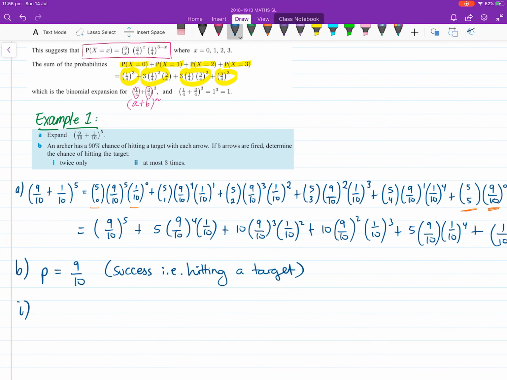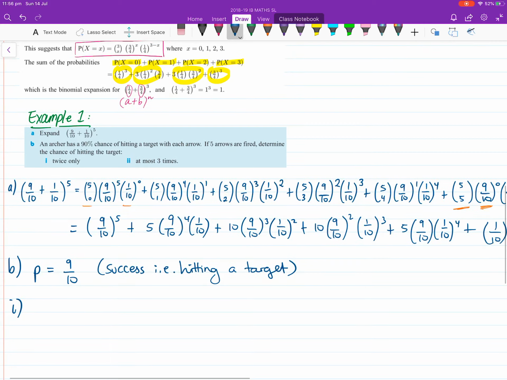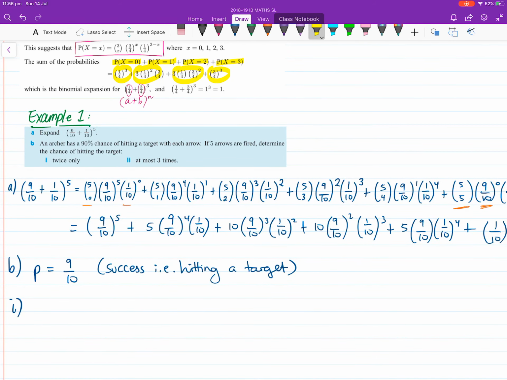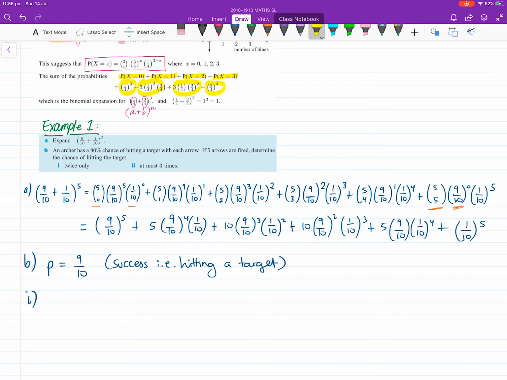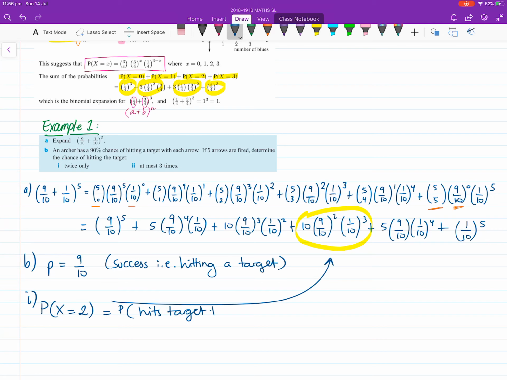So if we're looking at part 1, which asks if we hit the target only twice, that means we need 9/10 to the power of 2. So where is that in our sequence? It's this one, right? 9/10 is to the power of 2 there, because that's when you have P of X equaling 2, which means the probability of hits target twice.